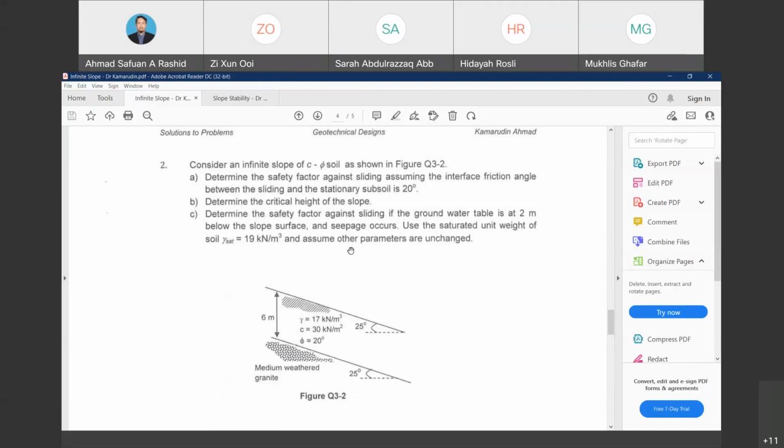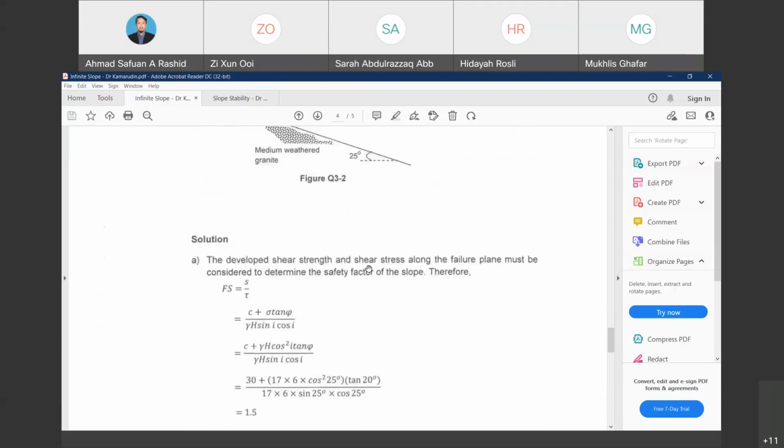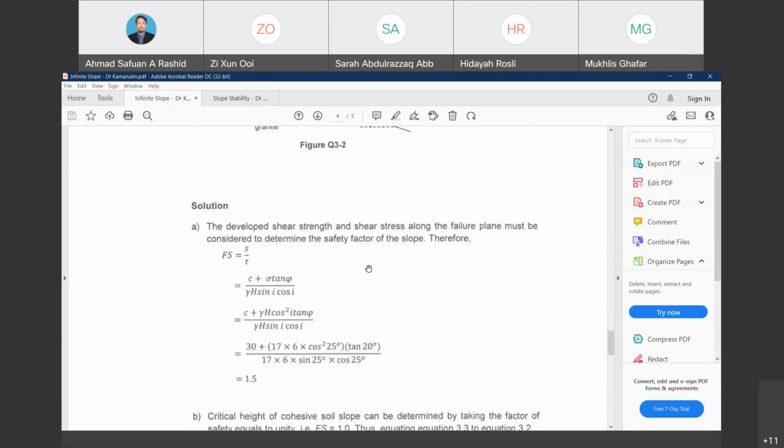For this case, we can use the equation from Dunn directly, and also the equation from Dr. Kamarudin. I guess most of you already know, so the value is 1.5.